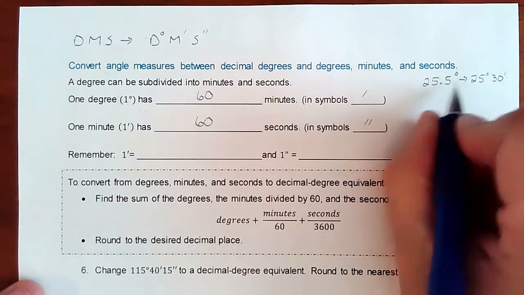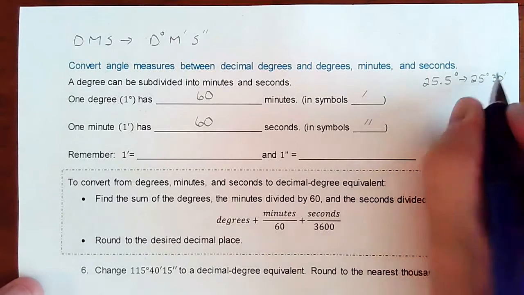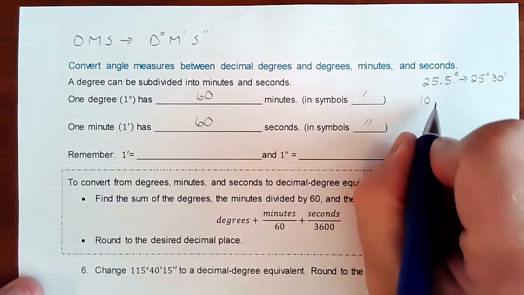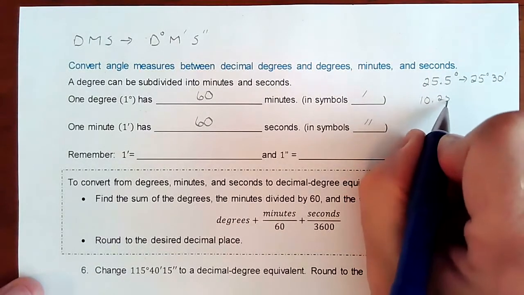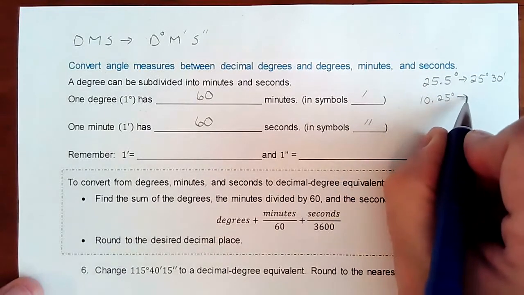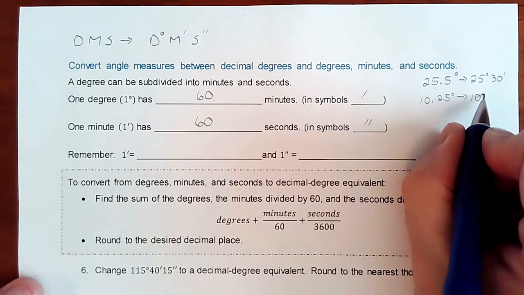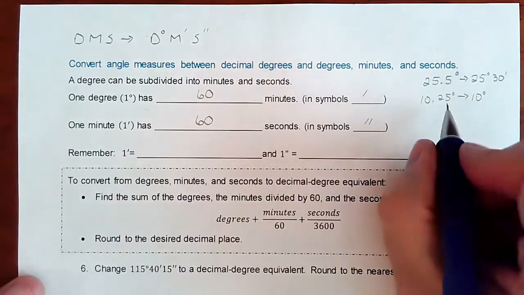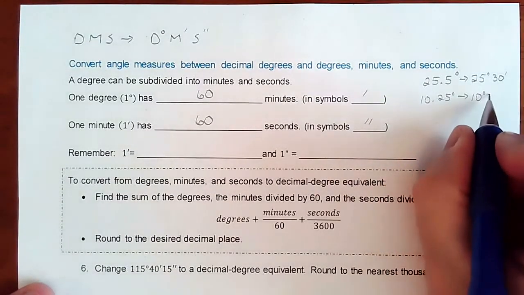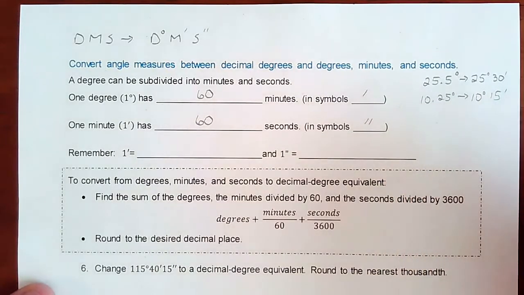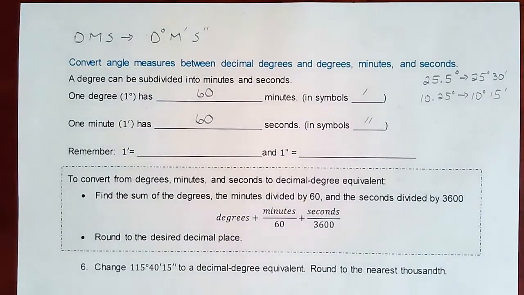So 0.5 of an hour is 30 minutes. Okay, and so if you had like 10.25 degrees, that would be 10 degrees, and then 0.25 is a quarter of an hour, which is 15 minutes. So it just breaks things up into a little bit of a different thing.